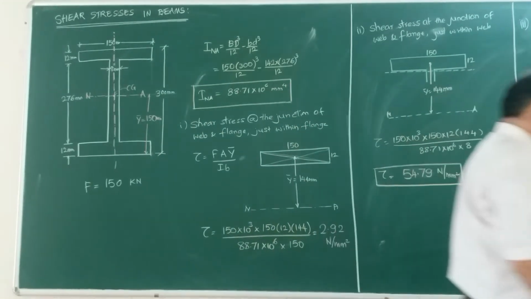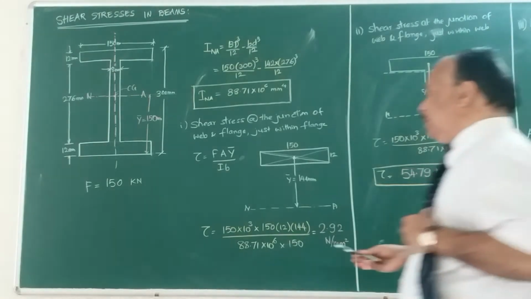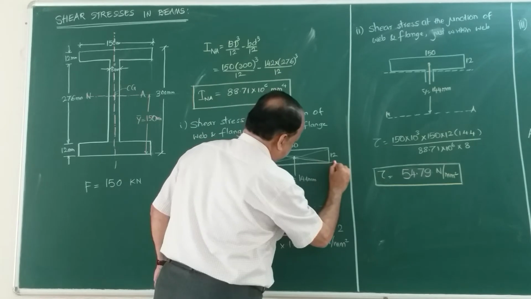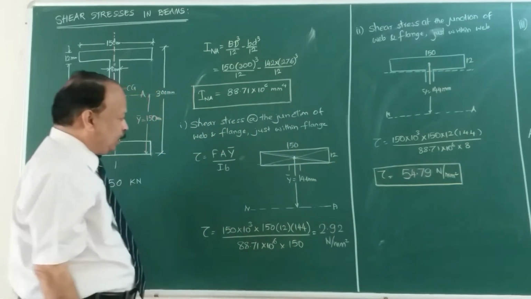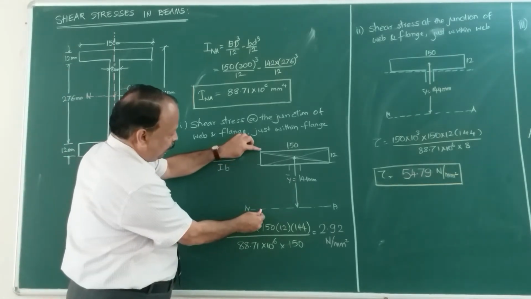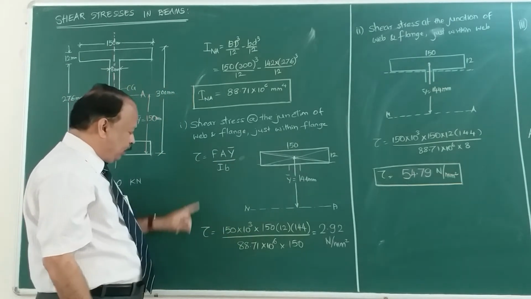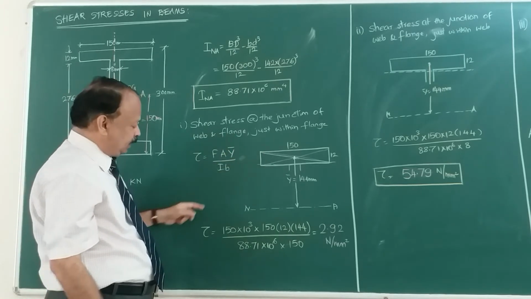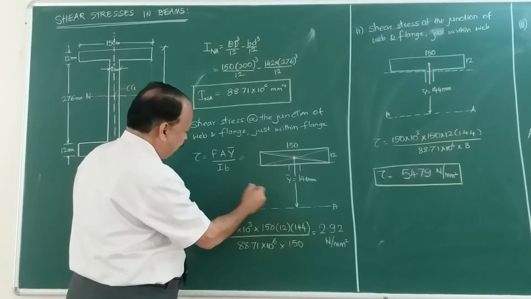We are considering a level that is just within the flange at the junction of web, and here there is the web. So the distance of centroid of that is 150 minus 6 mm, that is 144 mm. So here tau, that is shear stress at the junction of web and flange just within the flange, is F, 150 kilonewton, multiplied by A y bar.